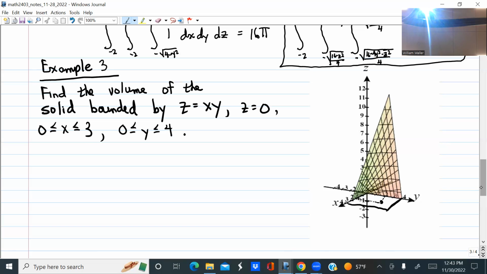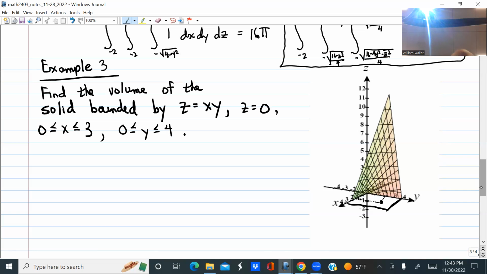By the way, that previous example is not like this. This only applies beneath the surface down to a region in the xy plane. That previous volume was not that sort. But this one is just the surface over this rectangle in the xy plane.